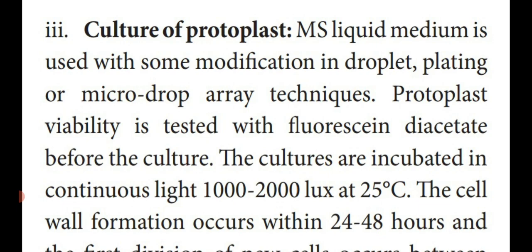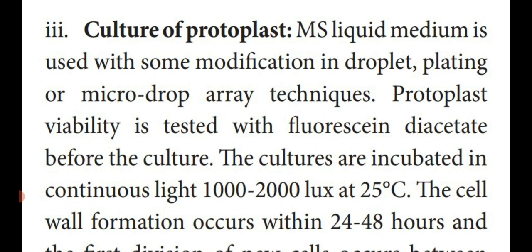So these liquid mediums are placed in the culture plate or microdrop array techniques. The viability of the protoplast is tested with fluorescein diacetate before the culture. So before placing into the culture medium, we have to check the viability, that means life activity, with the help of fluorescein diacetate.